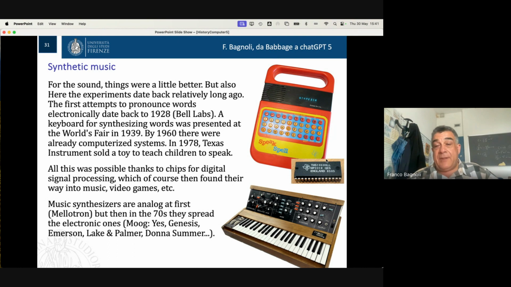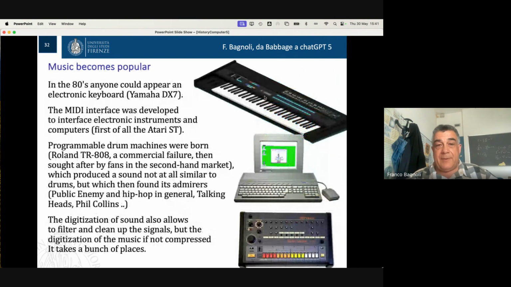Then clearly all this sound was sampled, and the sound was generated by electronic means. And clearly again we have the Amiga, we have Yamaha, we have Roland.